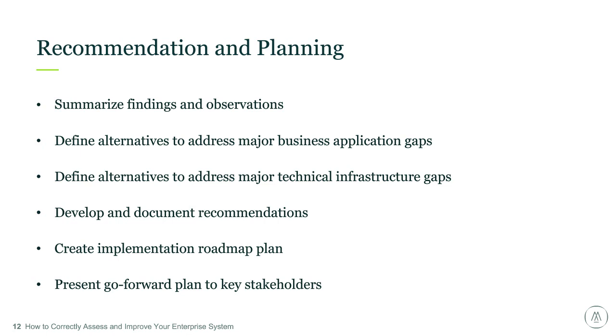Finally, the recommendation and roadmap plan should be presented to the management as a go-forward blueprint for driving the budget, the timeline, the implementation oversight, and just provide a clear path for the deployment of the recommended solution.